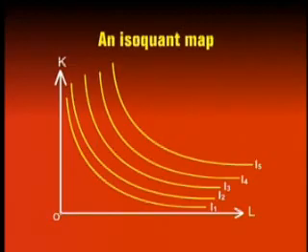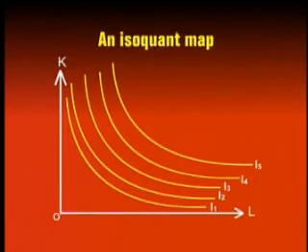Now look at this graph which gives the isoquant map. The higher the output, the further to the right the isoquant will be. So isoquant I5 here, which is the most northeast of all the isoquants, represents a higher level of output than I4.